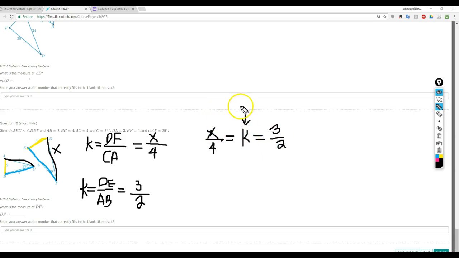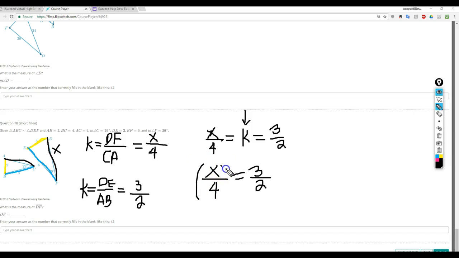Since the first is equal to the middle and the middle is equal to the last, that means the first one has to equal the last one. So we're cutting out the symbol K, and we set up, using our transitive property, x divided by 4 equals 3/2. Now 3/2 is a number. I'm not going to do anything with that number. I'm looking at x divided by 4.